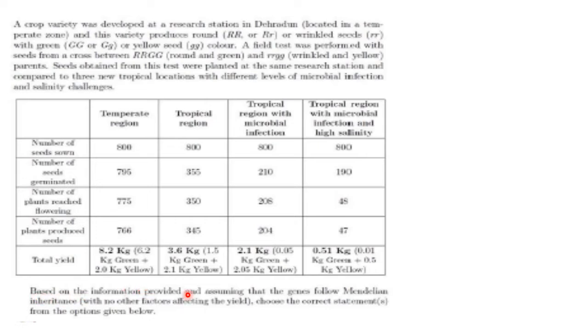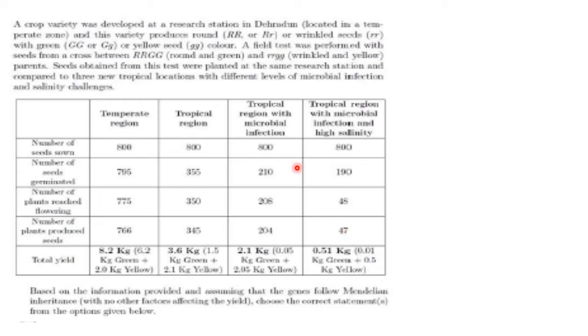Based on the information provided and assuming that the genes follow Mendelian inheritance with no other factors affecting the yield, choose the correct statement from the option given below. I have given it in the next slide. Now what they have done was they have produced seeds from F1. So the total yield represents the F2 generation of seeds.